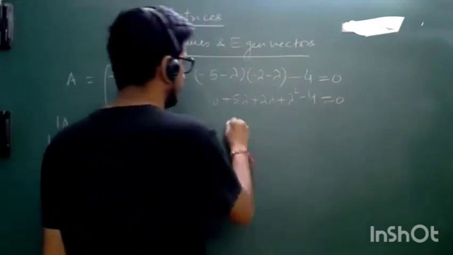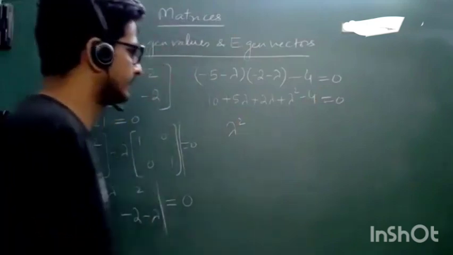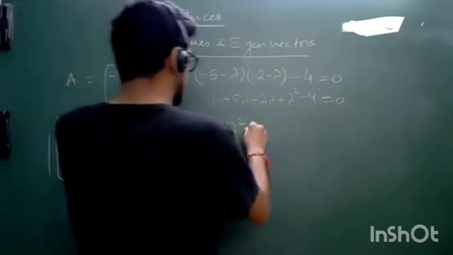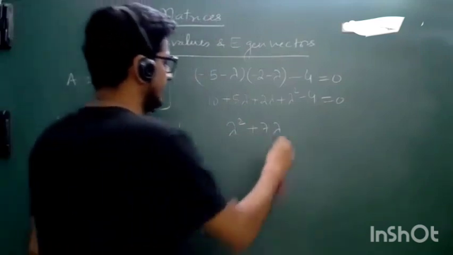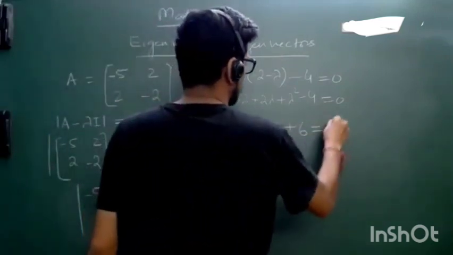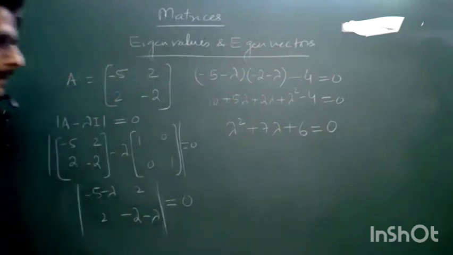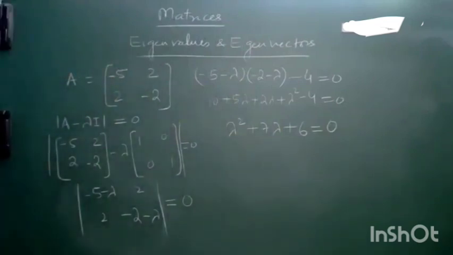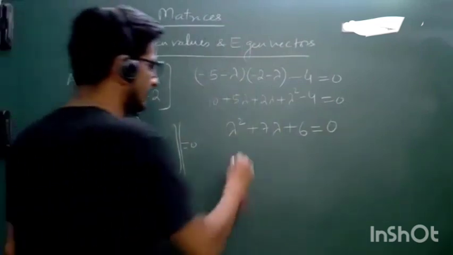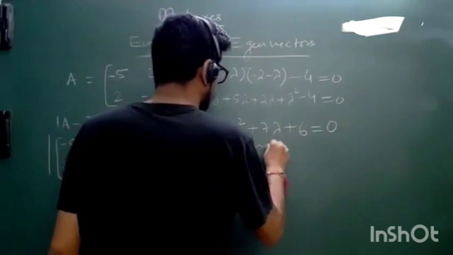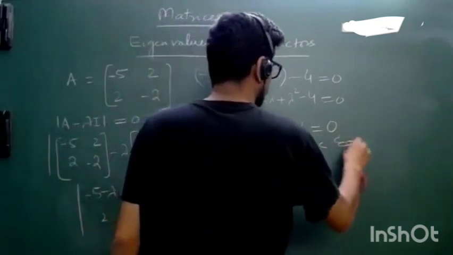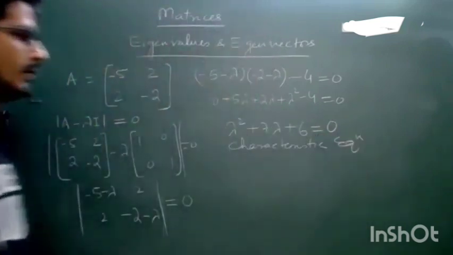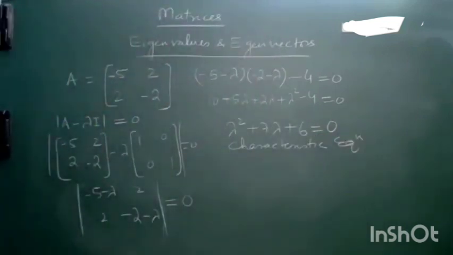So this equation will become lambda square plus 7 lambda plus 6 is equal to 0. So this equation is known as the characteristic equation.